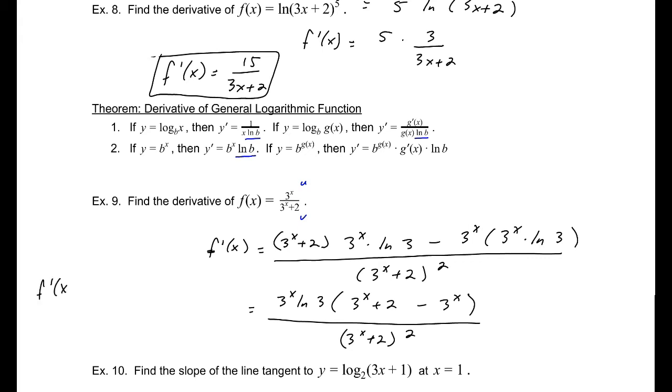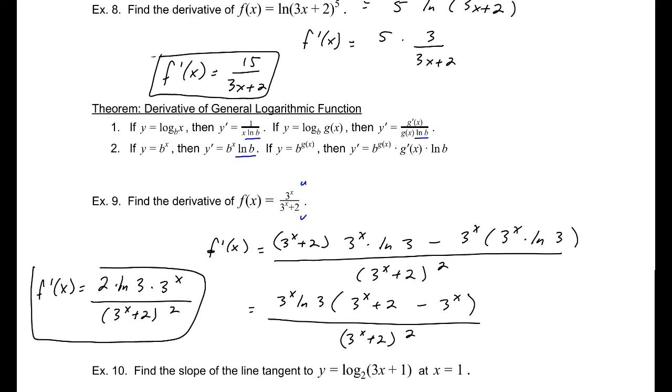And f prime of x is 2. I'm going to go ahead and rearrange this. 2 natural log 3 times 3 to the x over 3 to the x plus 2 squared. And there is our derivative.